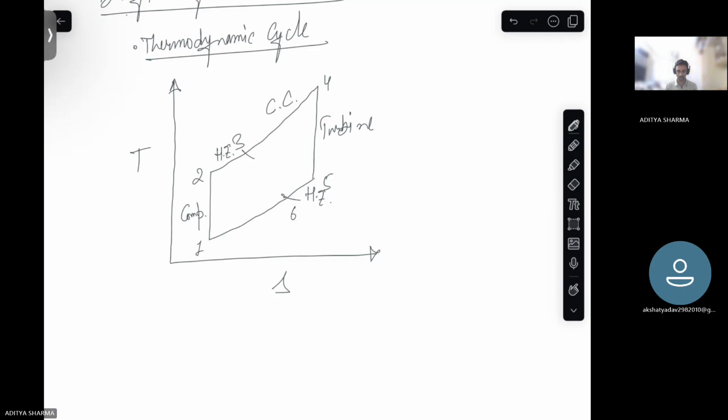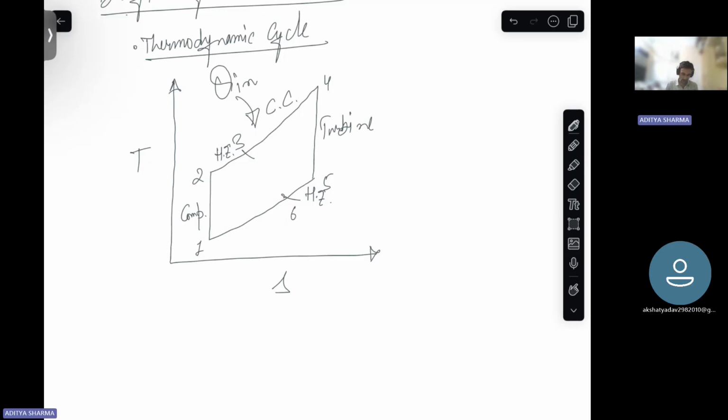Now the repercussion of this step is that the heat Q in that we are giving to this cycle, the temperature at which this heat is given increases from T2 to T3.